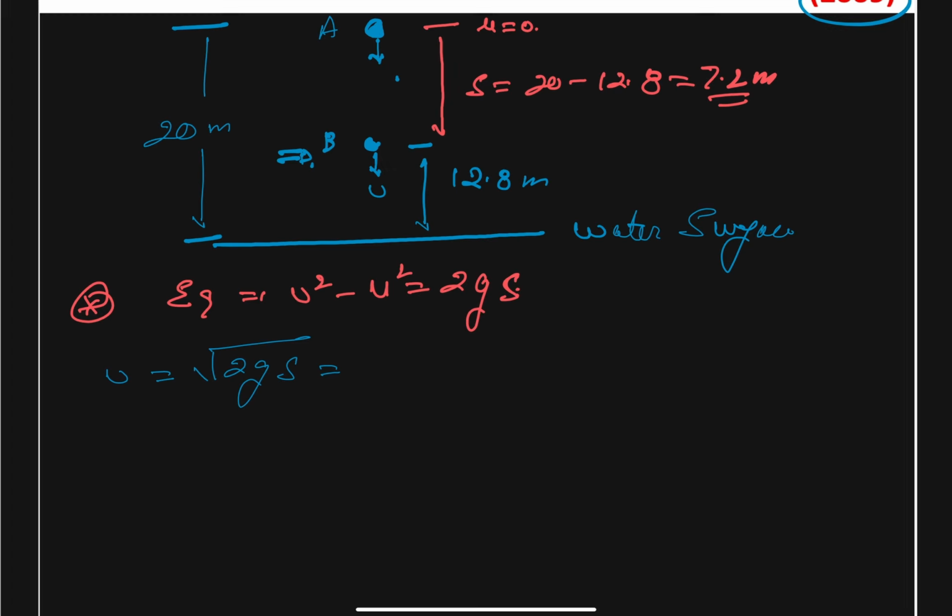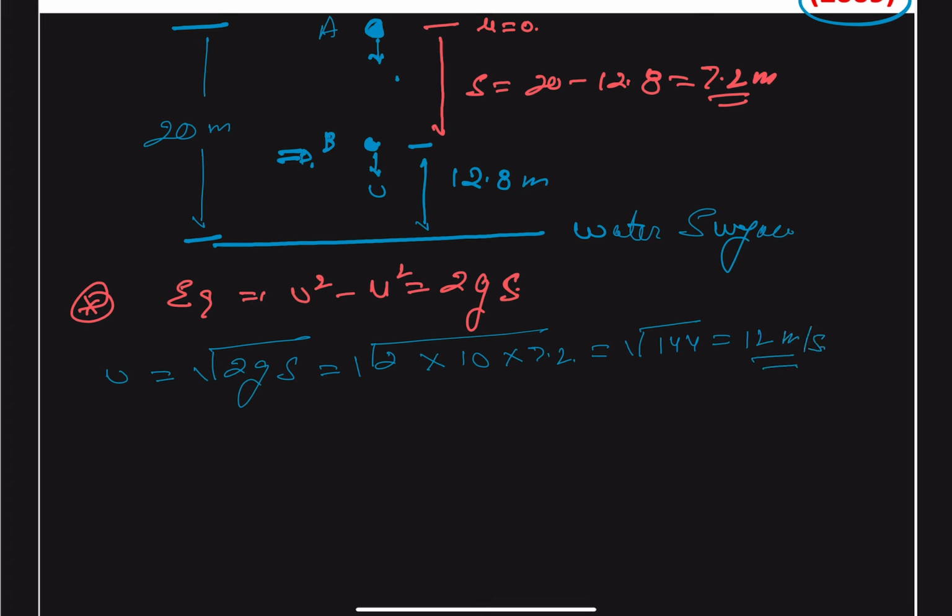And we can just substitute the values. So 2 into 10 into 7.2, this is square root of 144. So velocity comes as 12 meters per second.